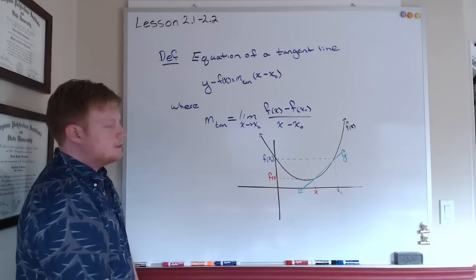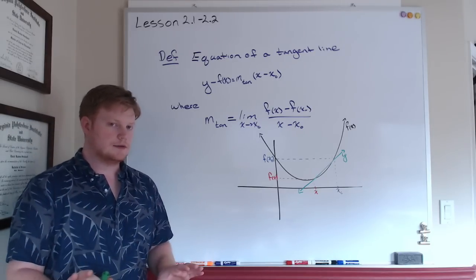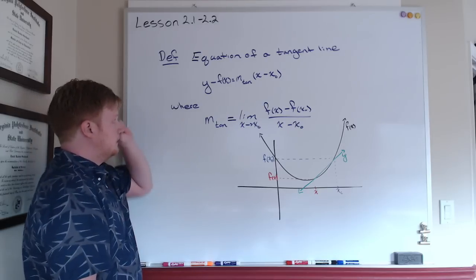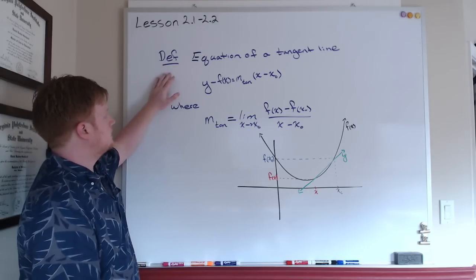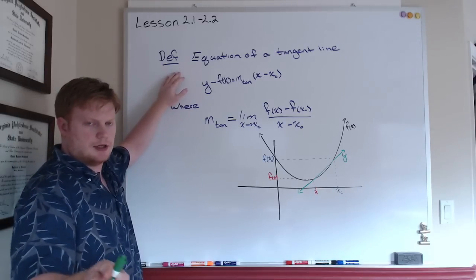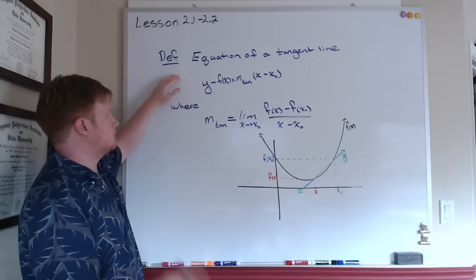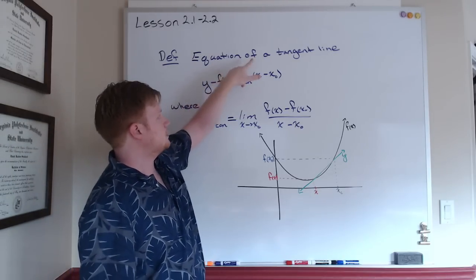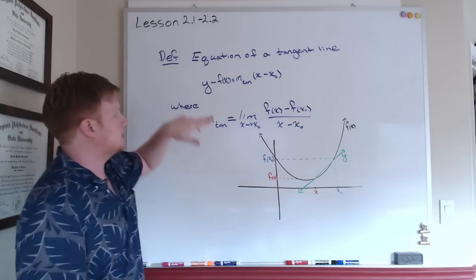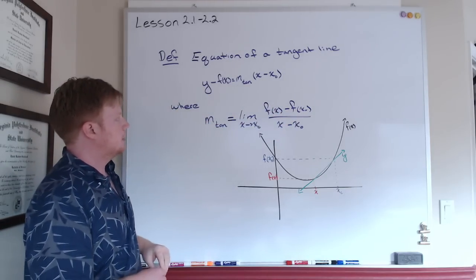So before we really begin talking about derivatives, I want to look at the equation of a tangent line. In your textbook there's a great definition, and I believe it's in your printed notes as well. This is a line tangent to a function.